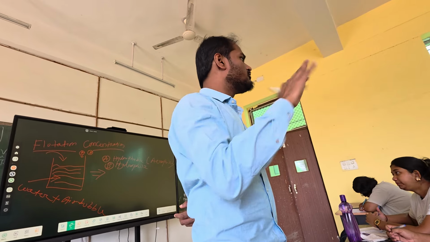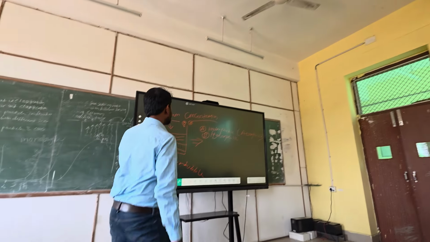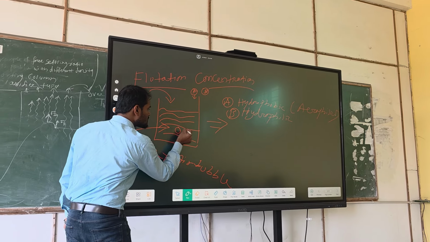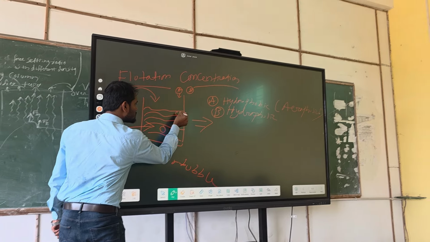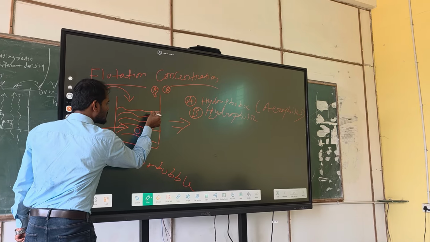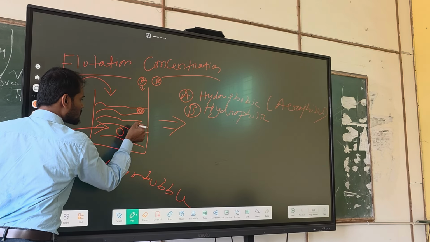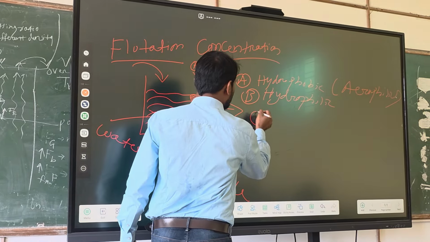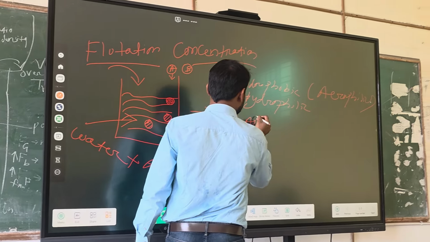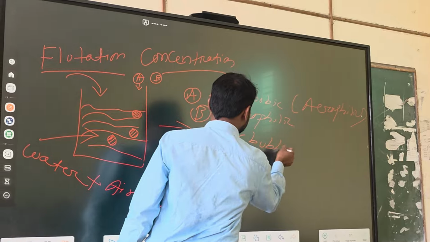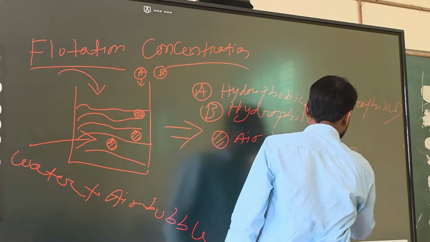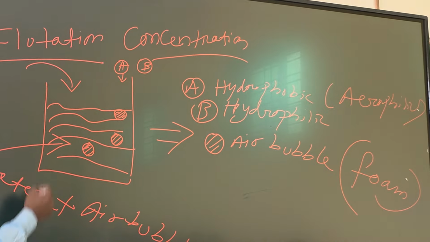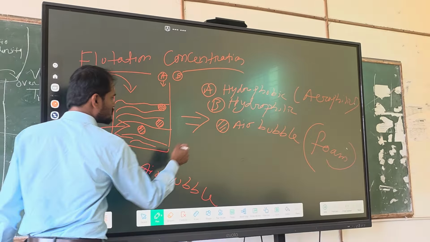So if A is hydrophobic and you have bubbles, I am shading this for any confusion. This is the air bubble, or I am writing foam, and this is your water.